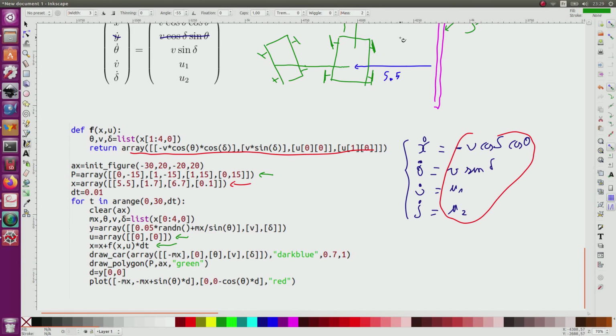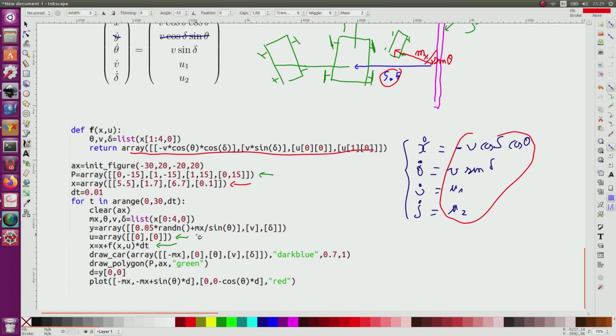Moreover, the distance which is measured by the vehicle is this distance. It corresponds to the distance here, which is mx, which is positive, but also due to the heading, which is not exactly parallel to the wall, I will have to divide by the sine of theta to have something larger than mx.